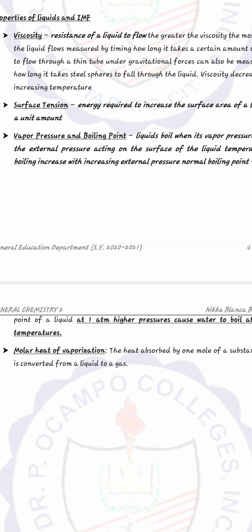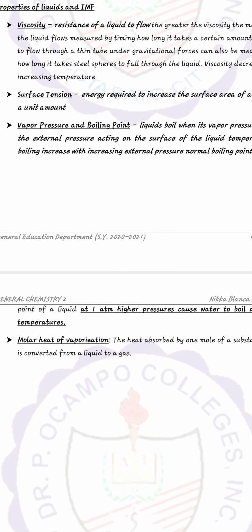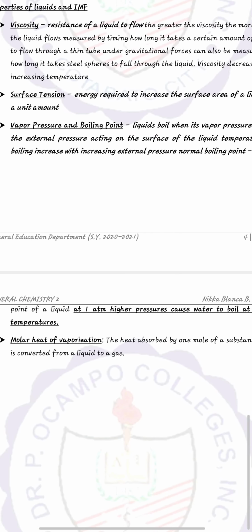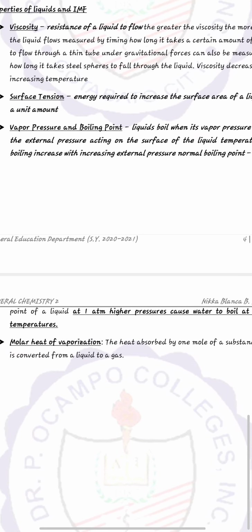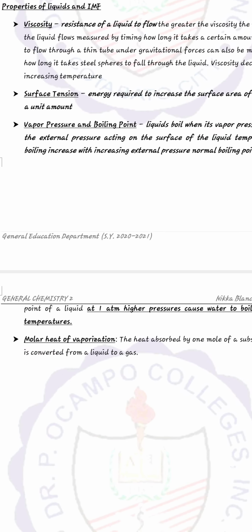So again, vapor pressure and boiling point are considered properties of liquids in terms of intermolecular forces. Why? Because liquids also undergo the process of boiling. And if the liquid boils, vapor pressure will exist. With the increasing external pressure acting on the surface of the liquid, the boiling temperature increases.